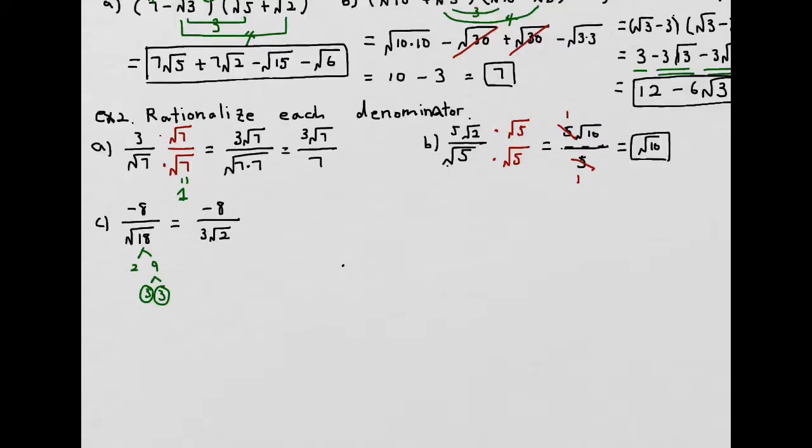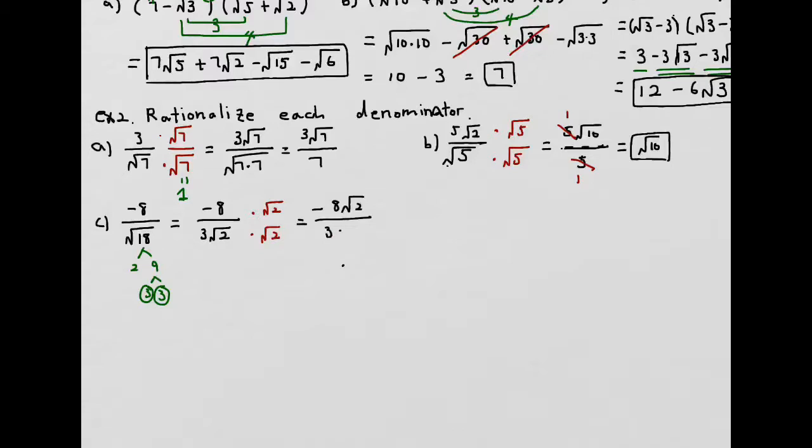Once you simplify, then you decide what to multiply to get rid of your square root here. So you have a square root of 2 to get rid of. So you're going to multiply this by square root of 2. It means you need to multiply the numerator by square root of 2 also. Then you get negative 8 square root of 2 over 3 times square root of 2.